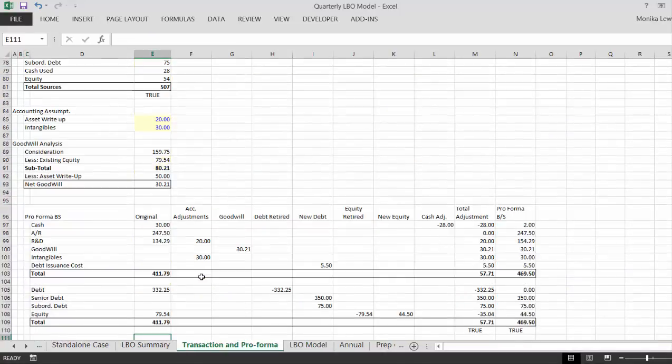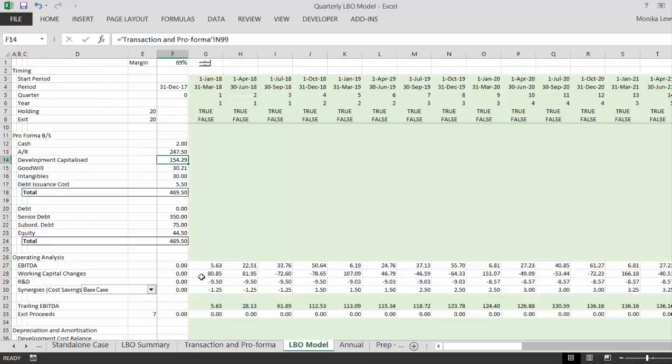Okay. That number was because we did such a fancy thing. We put it here. Now that adjustment, if this is a transaction that is a share exchange, we don't want to write it up. If it isn't, we do write it up.